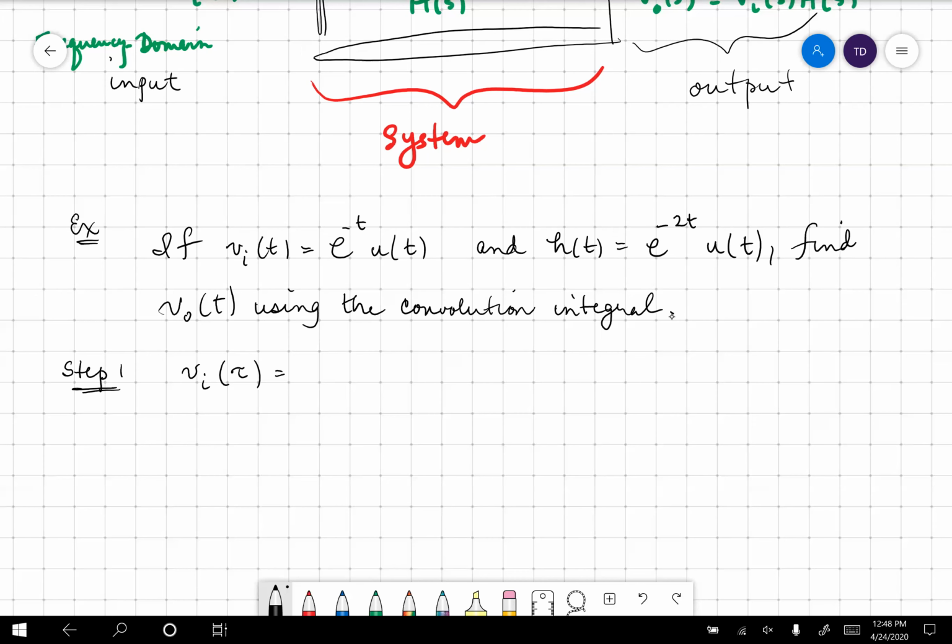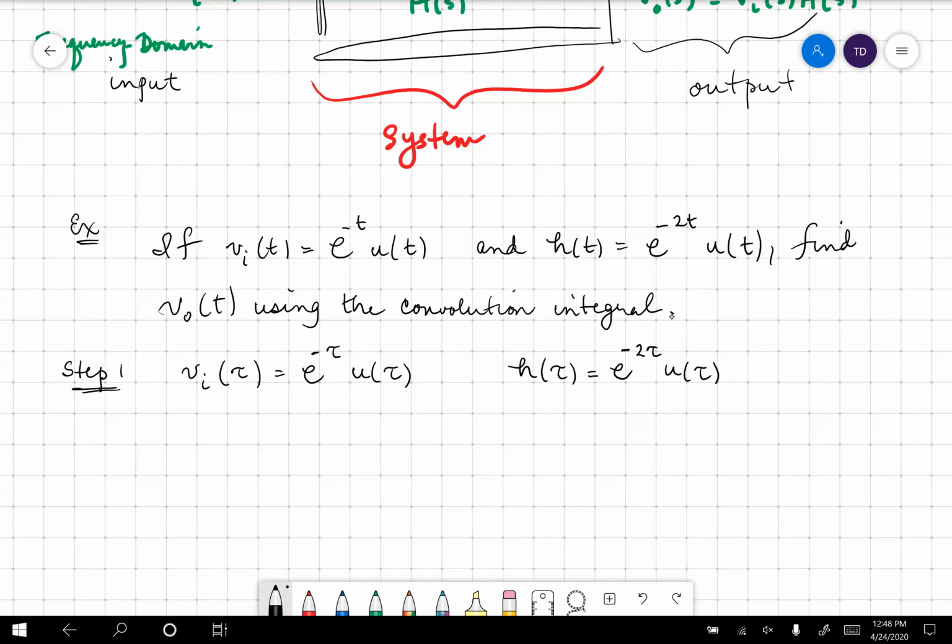Anybody? VI of tau? Just replace t by tau. Don't make it hard. H of tau. E to the minus 2 tau u of tau.